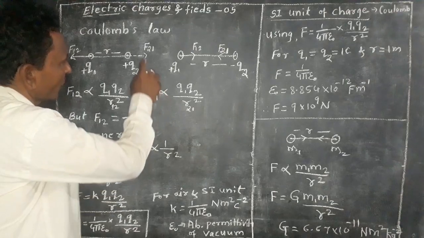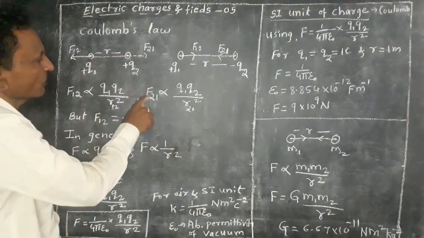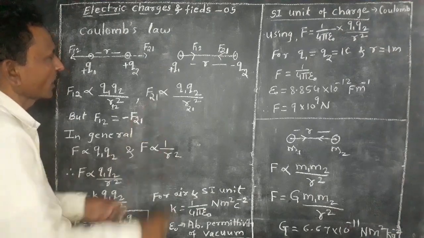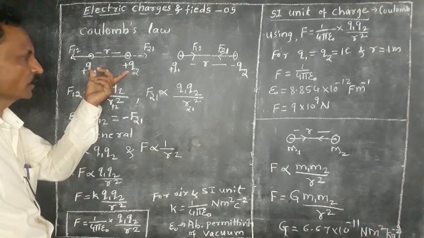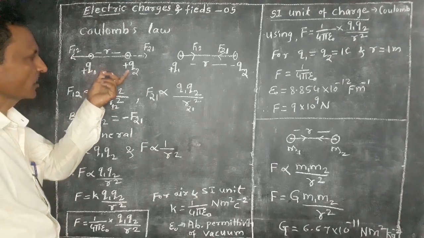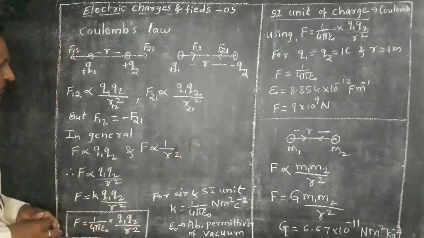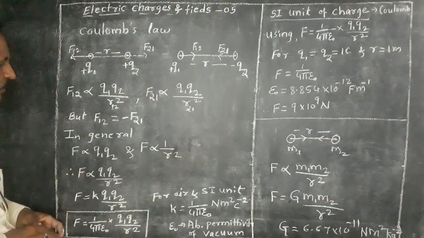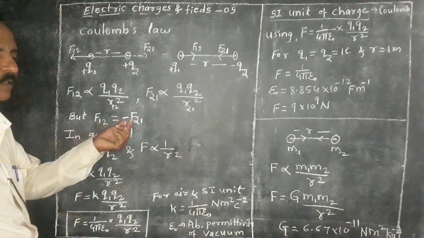And force on q2 due to q1 is F21. It is also directly proportional to the product of the magnitude of these two charges and inversely as the displacement vector or distance between them. But for point charges, F12 equal to minus F21.